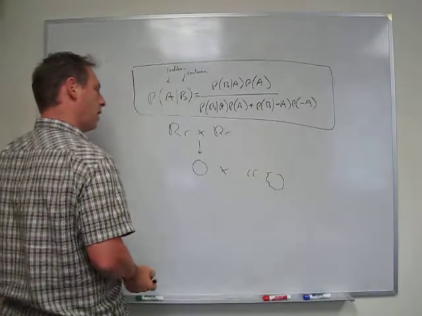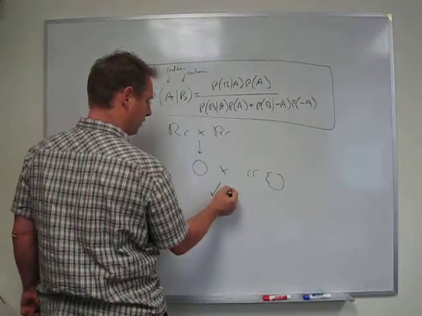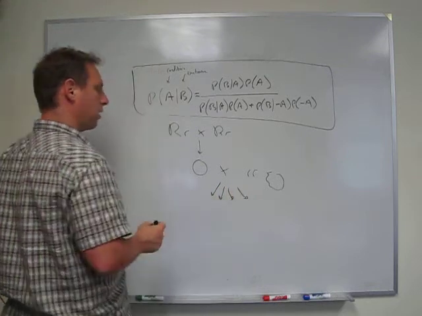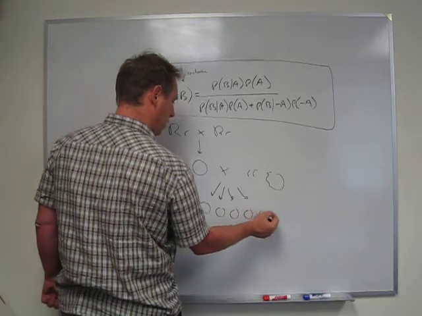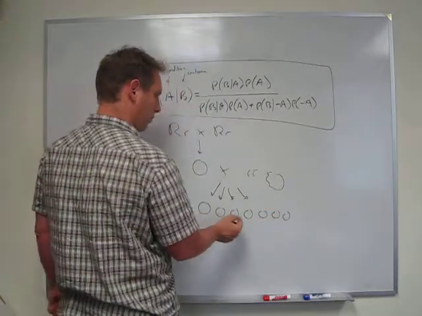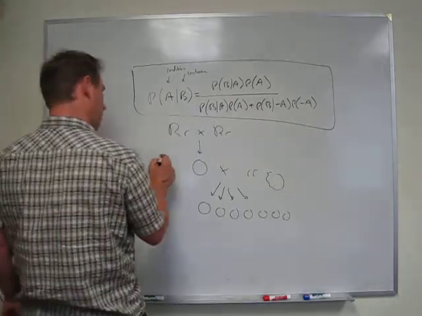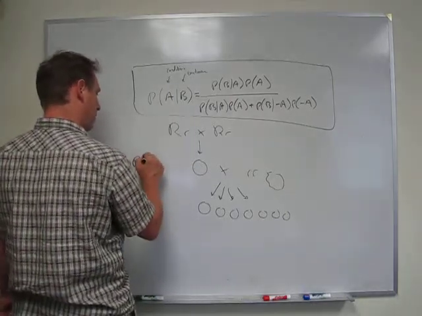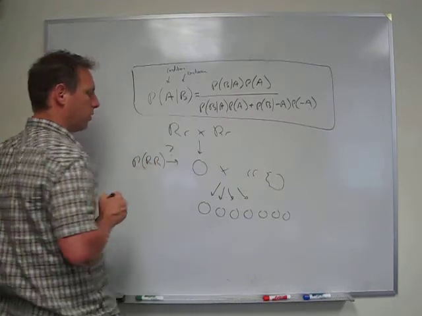And we're going to imagine that there are 7 progeny, all of which bear round P's. 1, 2, 3, 4, 5, 6, 7. Well, what is the probability now that this is in fact big R, big R? That's what we want to know.